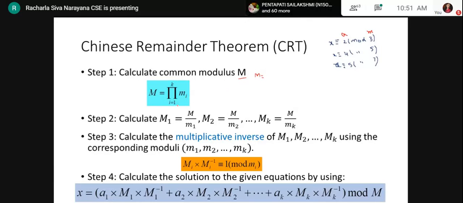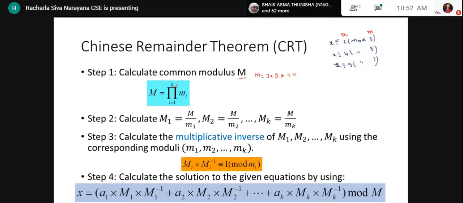Here we have three equations, that's why m1 into m2 into m3, that is 3 into 5 into 7.